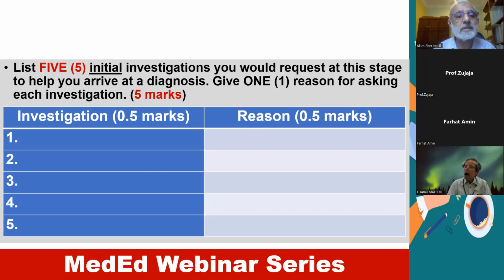If you see, the question is very, very clear, telling the students what is expected, and then they're giving the marks for investigation and for reason. So this gives a clear guideline to the students and all the information required for students to answer that, and is very, very helpful for the examiner to mark this type of question.